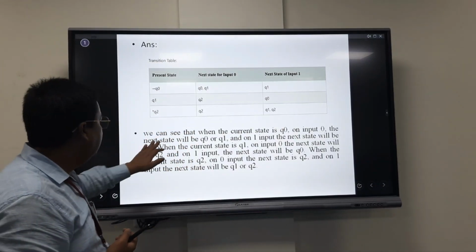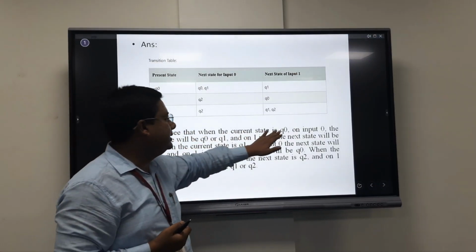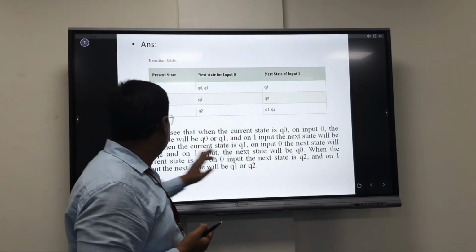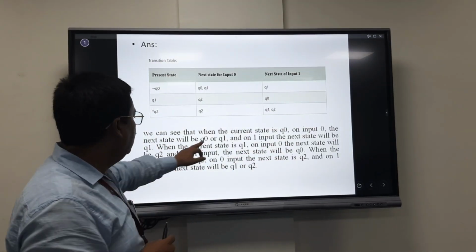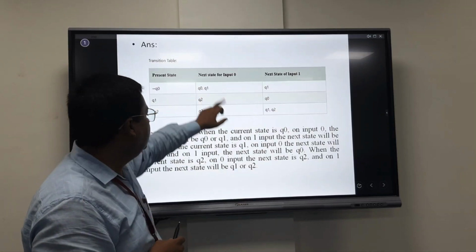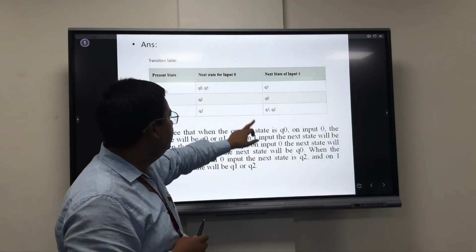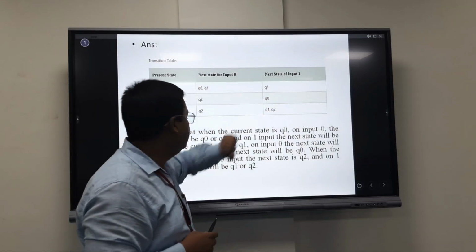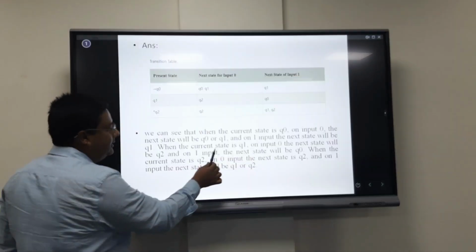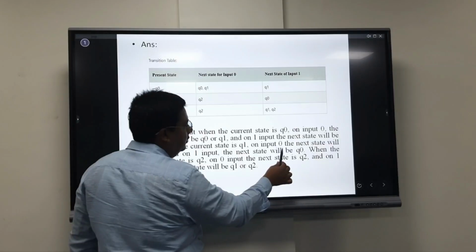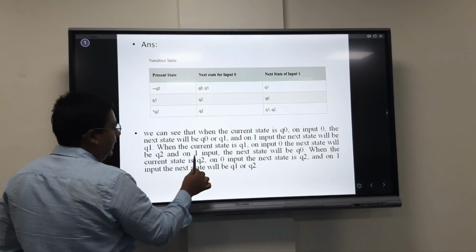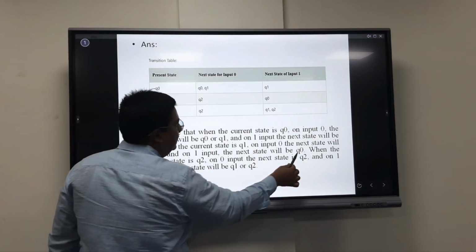So the things are written here. When the current state is Q0, on input 0 the next state will be Q0 or Q1, and on input 1 the next state will be Q1. When the current state is Q1, on input 0 the next state will be Q2, and on input 1 the next state will be Q0.